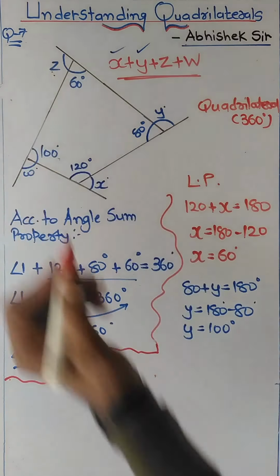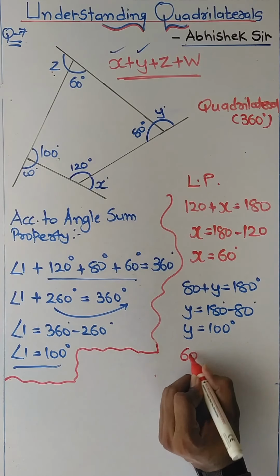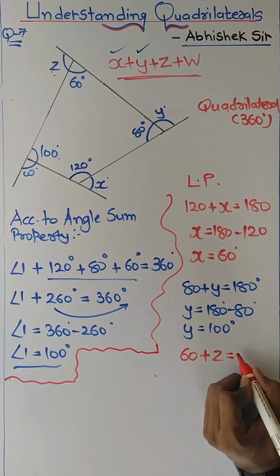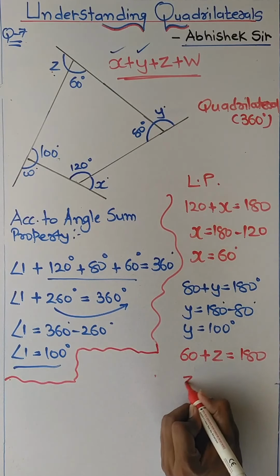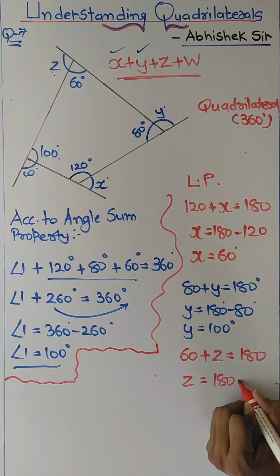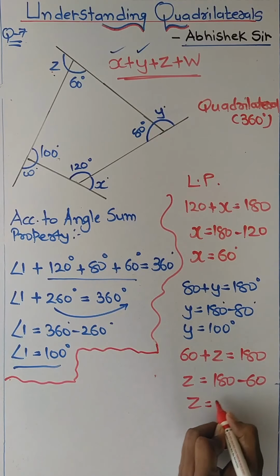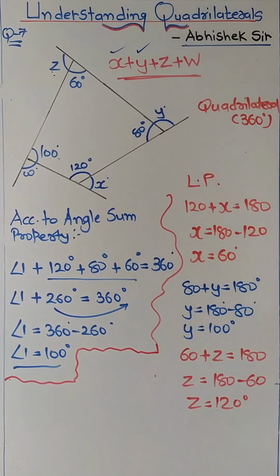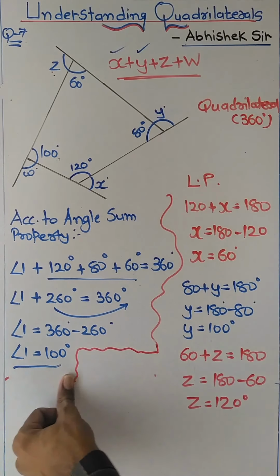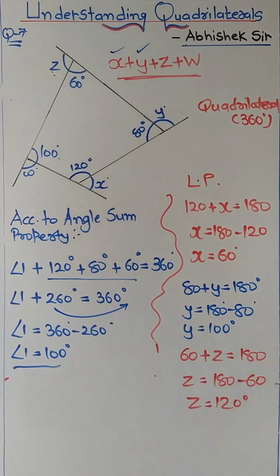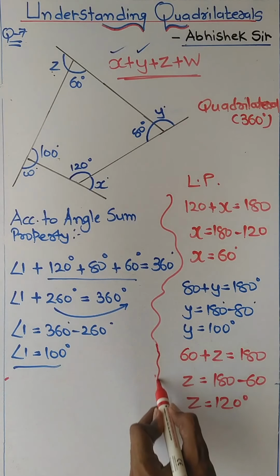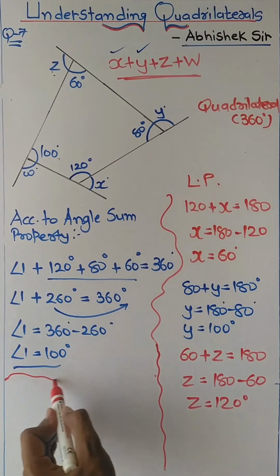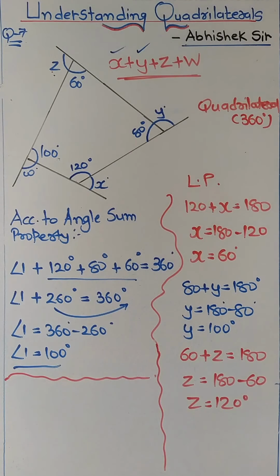So 60 plus z equals 180. So z equals 180 minus 60, z equals 120, right? So let us have some separate space for this linear pair only, then we will finally add over there, right?